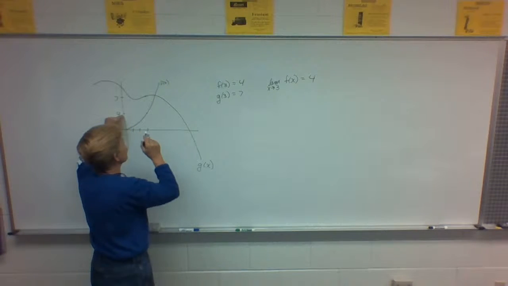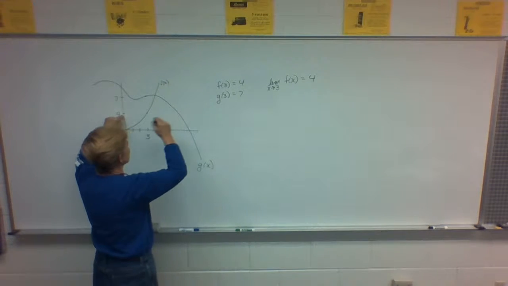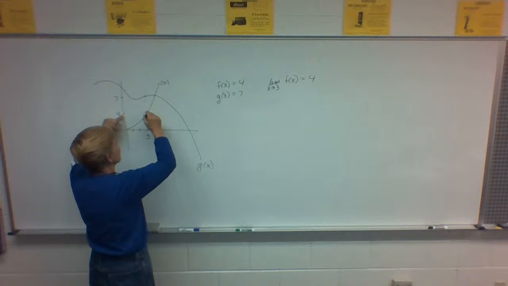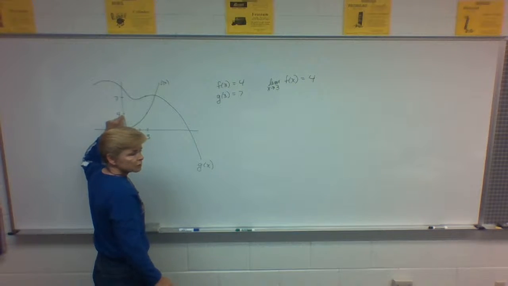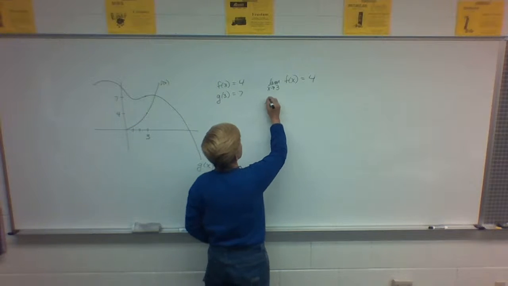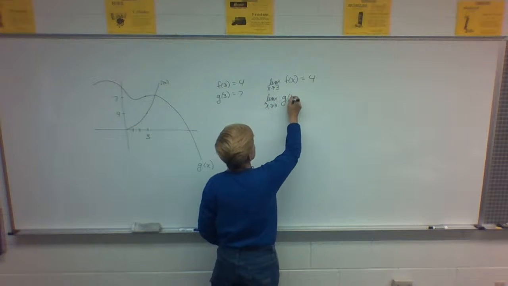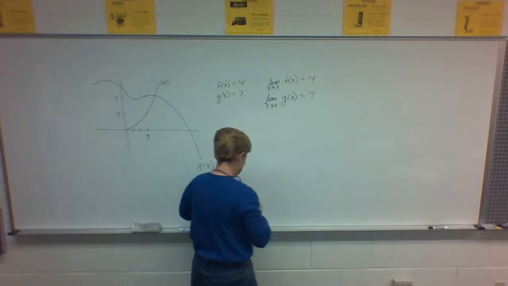So we're not interested in what happens at 3 when we talk about the limit. We're talking about what you are getting closer to as you get closer to 3, and the answer is still 4 because there's no breaks. And the limit as x approaches 3 of g is 7.